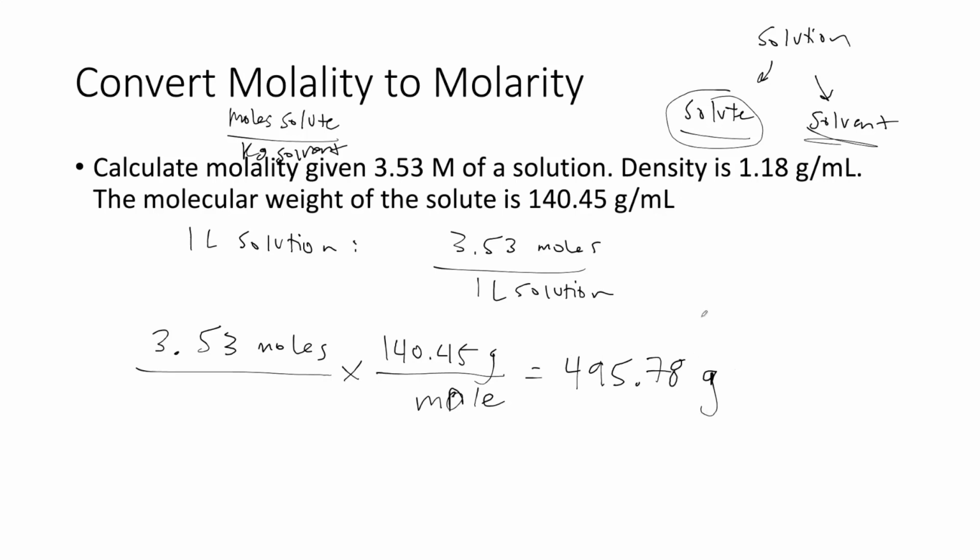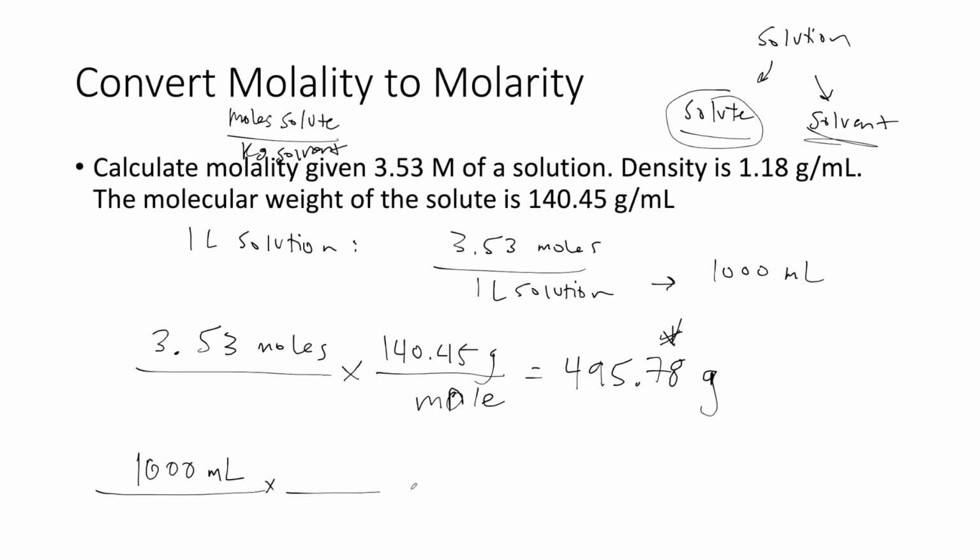So then we have our amount of solute, but our solution is in volume. So we want to convert the volume of our solution to grams, since right now we have our solute in grams. So if we take that 1 liter, we know that 1 liter is equal to 1,000 milliliters.